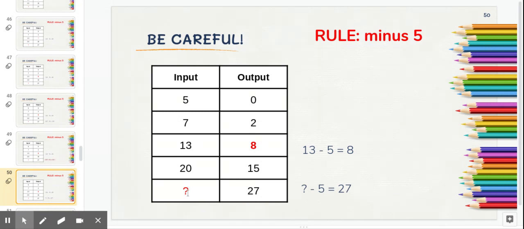If the input number is the number I don't know, whatever number minus 5 will have to equal 27. So to figure that out, all I have to do is do the reverse or the inverse operation and do 27 plus 5, and I get 32. So I know that 32 is the input number for this problem.